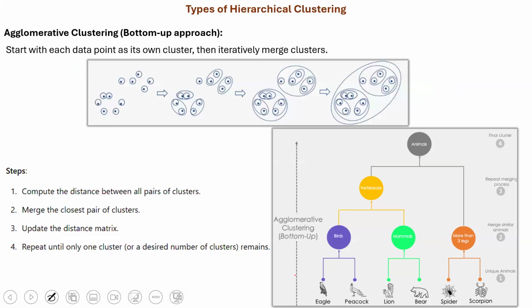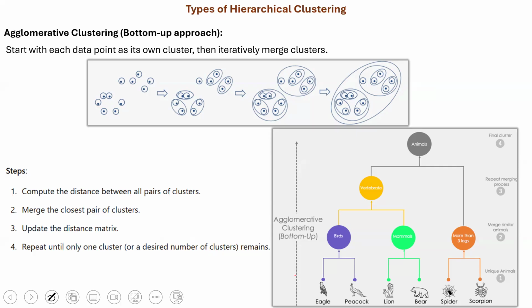Now, to understand the different types of hierarchical clustering, as I said, one is agglomerative clustering and the other is divisive clustering. Agglomerative clustering is a bottom-up approach. That means you treat every point as a cluster initially, and then you iteratively merge the clusters that are close to each other.